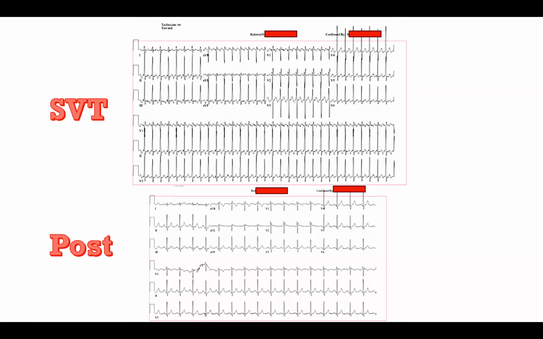The general rule of thumb is if you can easily see retrograde P waves, it is likely that the R to P interval is greater than 70 milliseconds, and it is likely ORT. Now, you could have other arrhythmias with a long RP, like ectopic atrial tachycardia, or atrial flutter, where the atrium is independent of the ventricle.